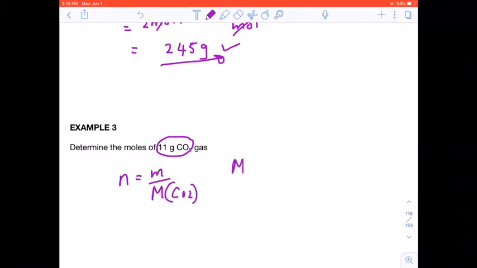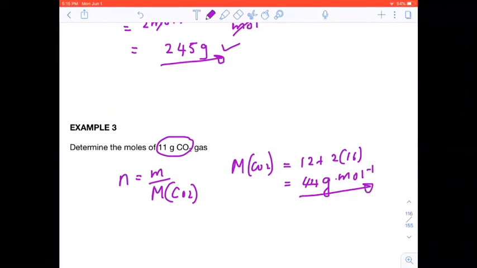What is M of CO2? We look in the periodic table: carbon is 12, plus 2 of oxygen, which is 16. In total, it's equal to 44 grams per mole.